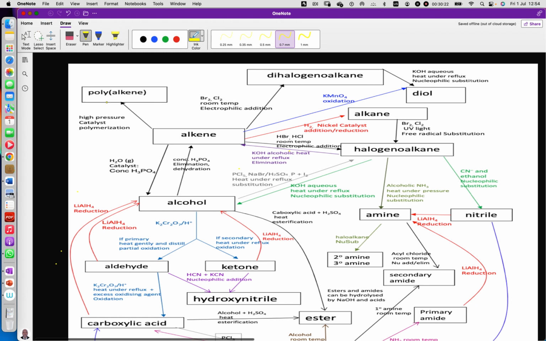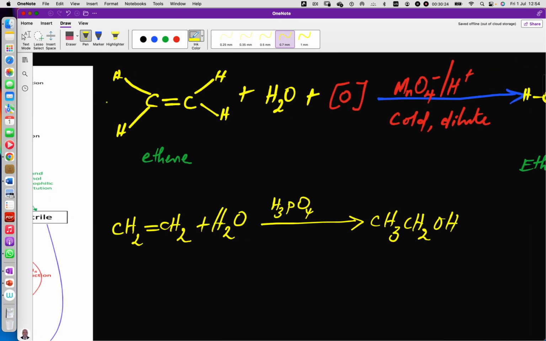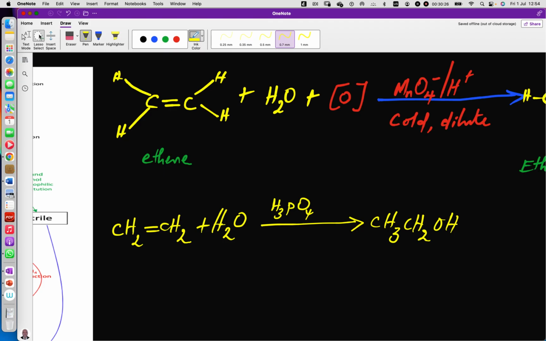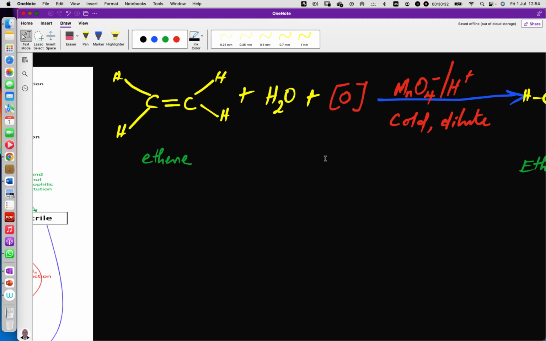For instance, let me use an example here, ethene.